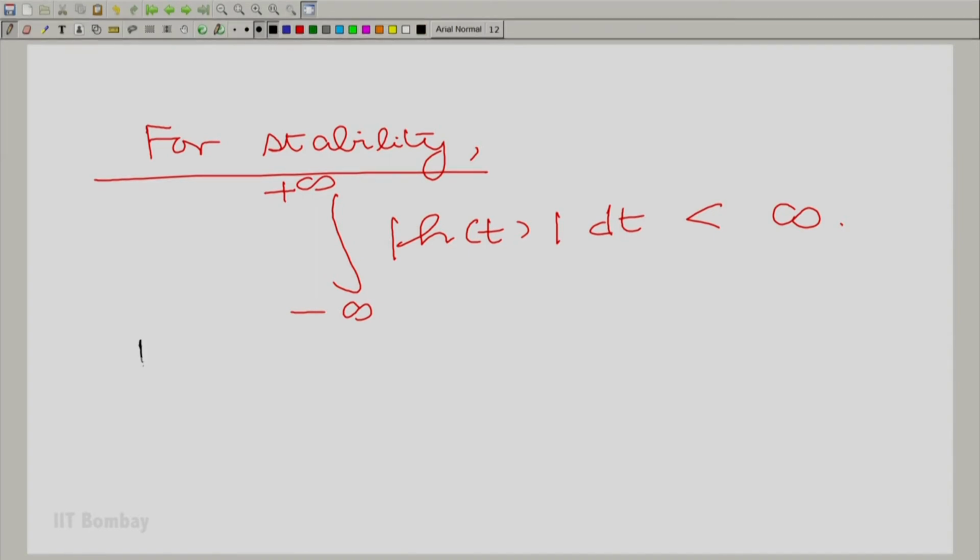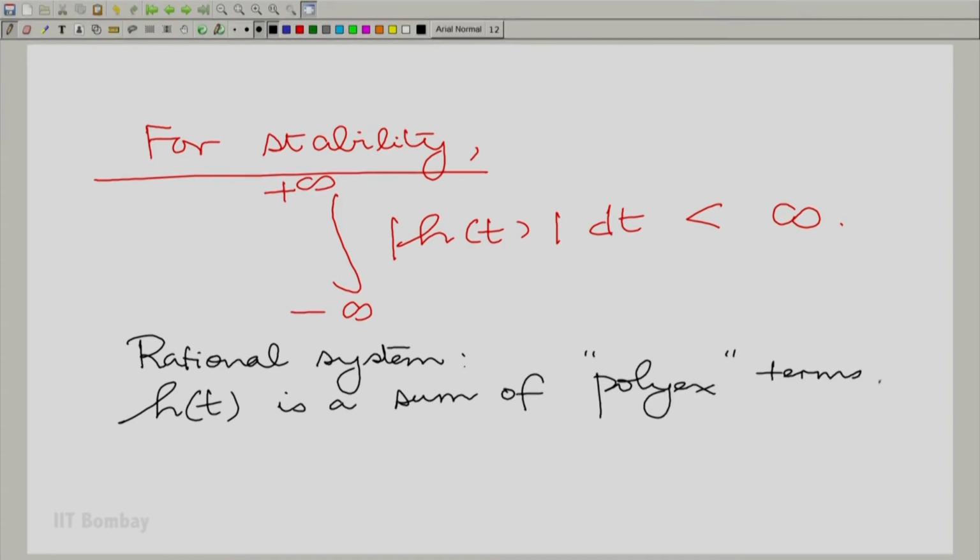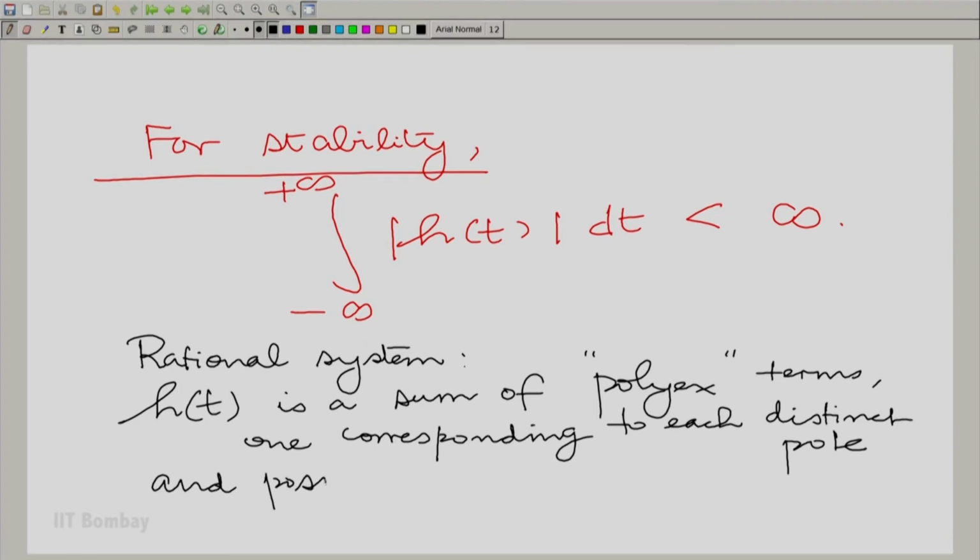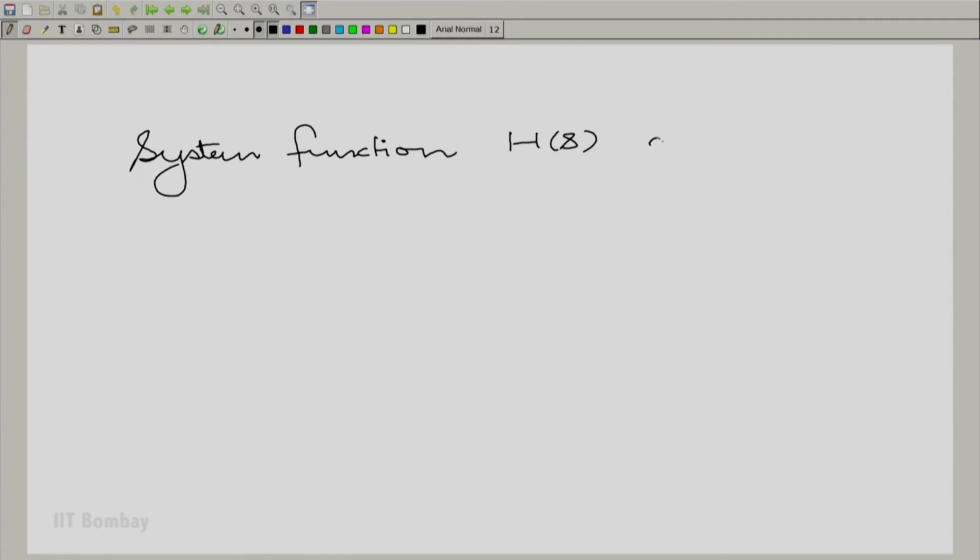Now, in a rational system, Ht is going to be a sum of Pauli X terms, one corresponding to each distinct pole, and possibly what are called singularity functions or generalized functions. So, if you look at the system function, we look at its numerator and denominator.